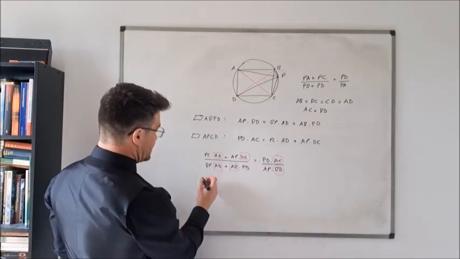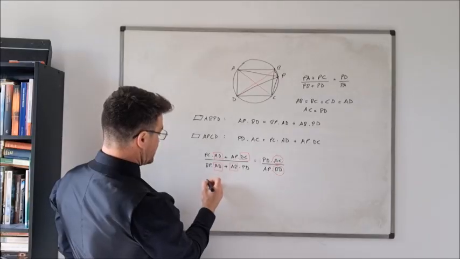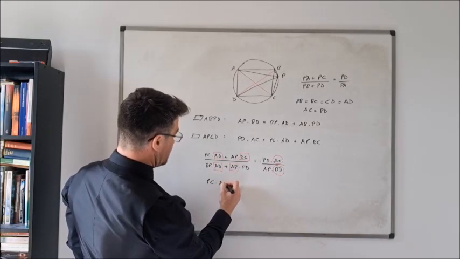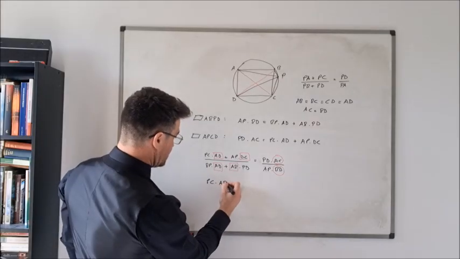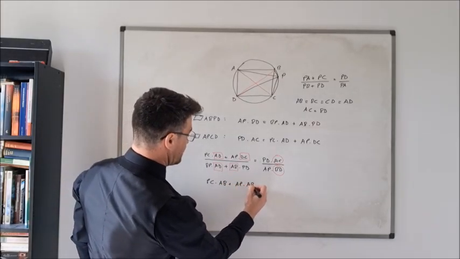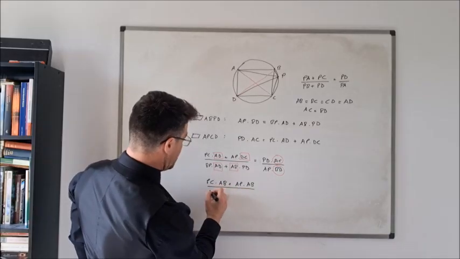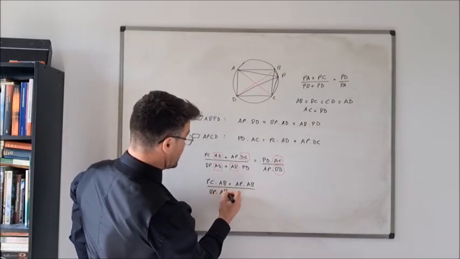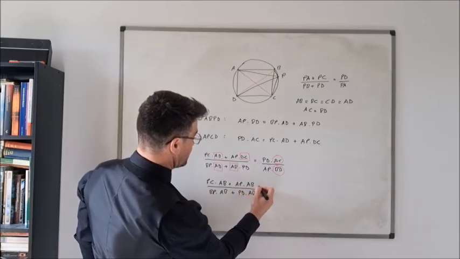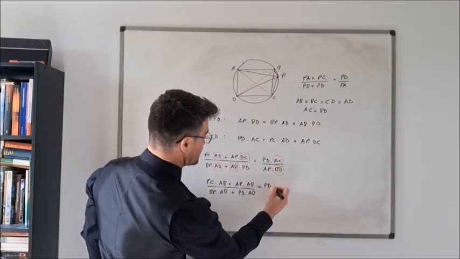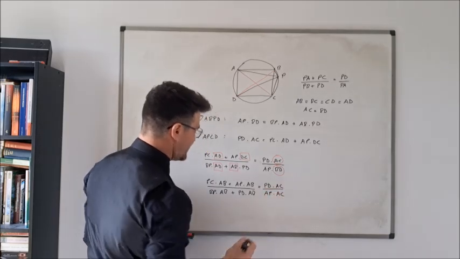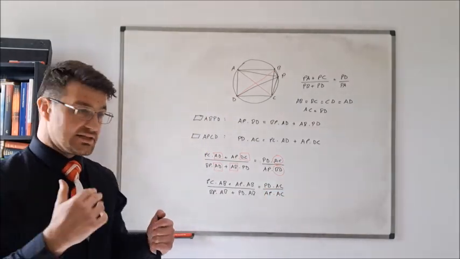So effectively, I can change all of these to just, let's say, AB. PC times AB plus AP times AB over BP times AB plus PD times AB equals PD times AC over AP times AC. And then it's kind of a cancelling down sort of thing.